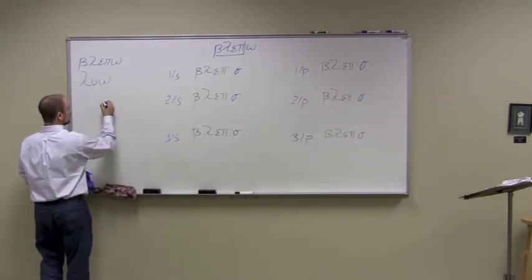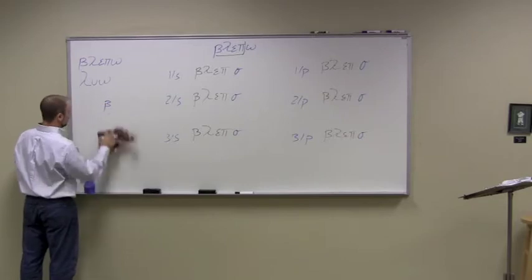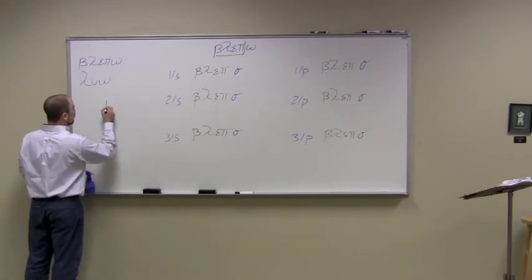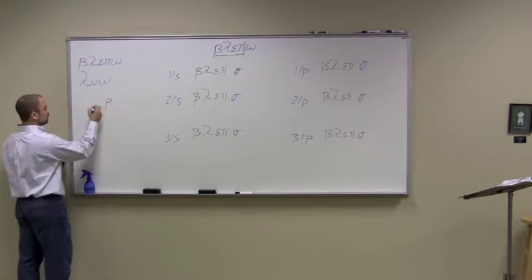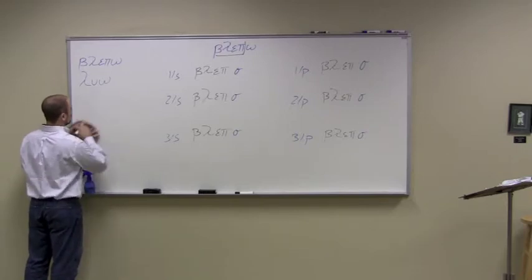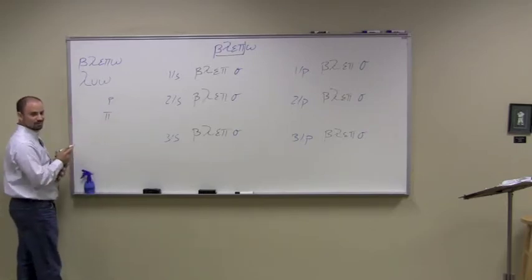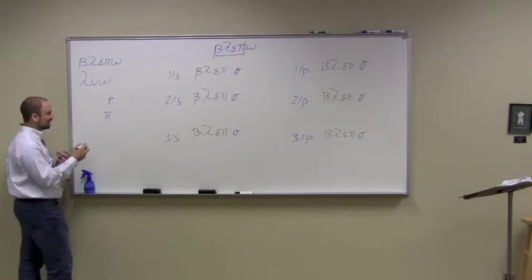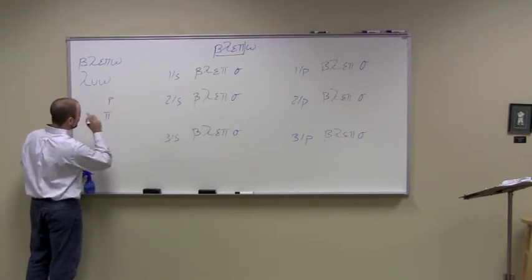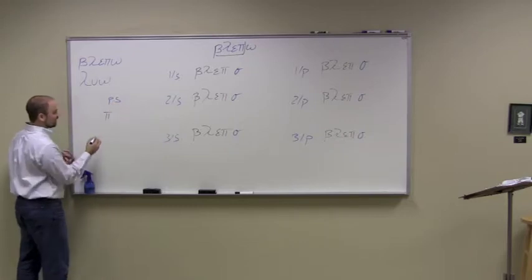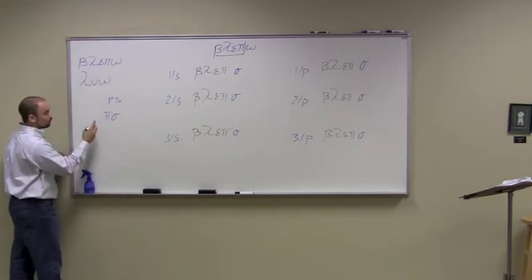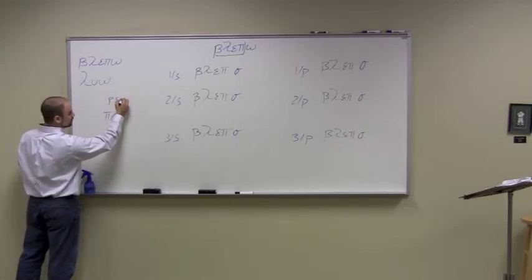We have a P. That was the English form, which is the Greek form. So P and an S, or a sigma, which looks like which letter?